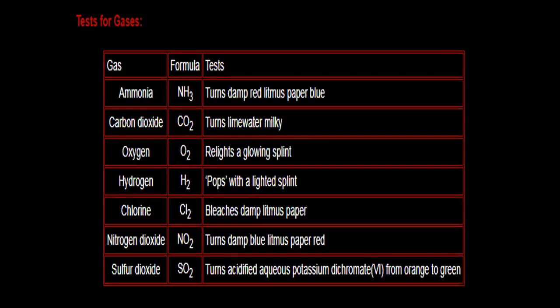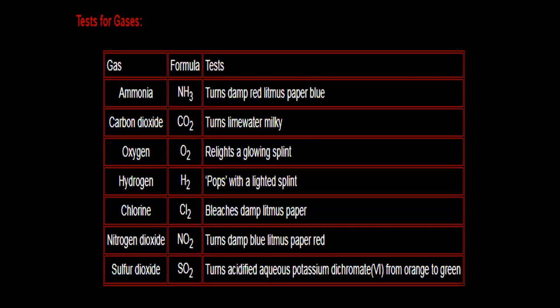But why are we using moist or humid litmus paper? Because dry ammonia gas will not react with the litmus paper, so in the presence of water it will react. For carbon dioxide, the gas is passed through calcium hydroxide, and the colorless solution will turn milky. We have also studied this in our previous classes.